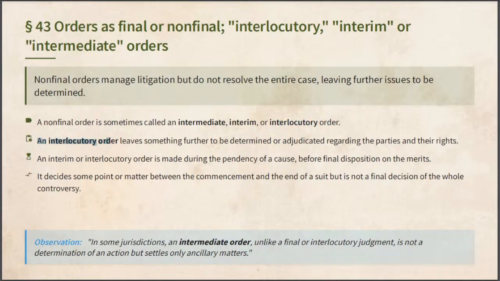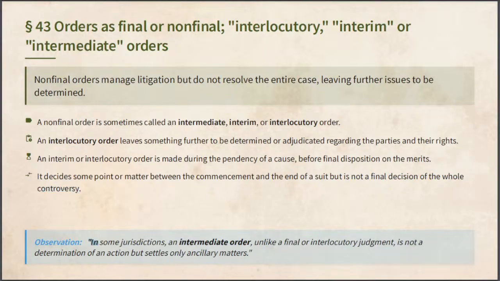An interlocutory order leaves something further to be determined or adjudicated regarding the parties and their rights. An interim or interlocutory order is made during the pendency of a cause, before final disposition on the merits. It decides some point or matter between the commencement and the end of a suit, but is not a final decision of the whole controversy.